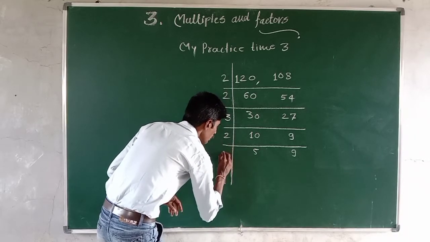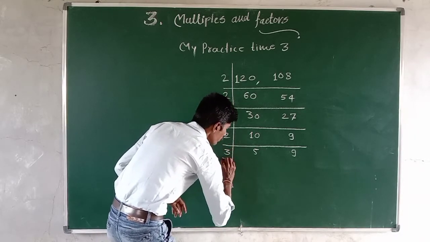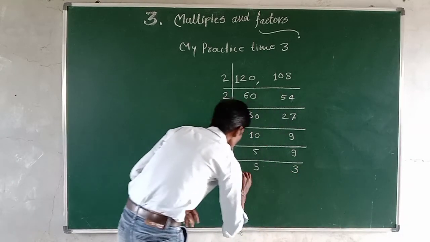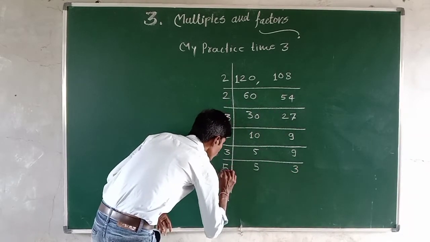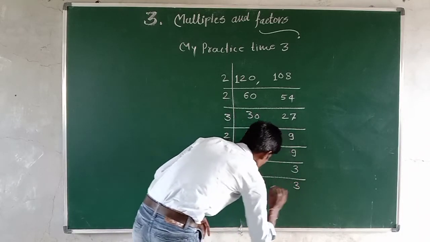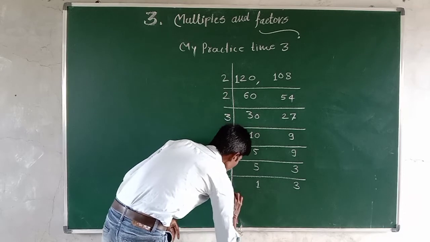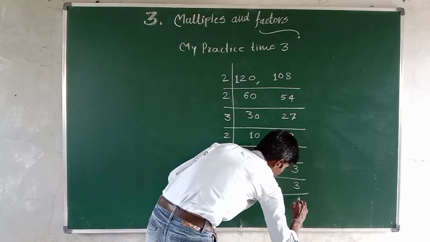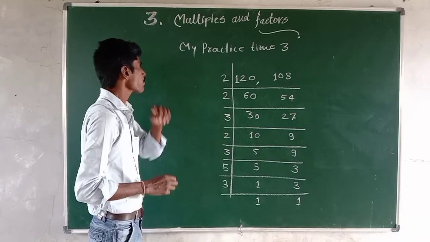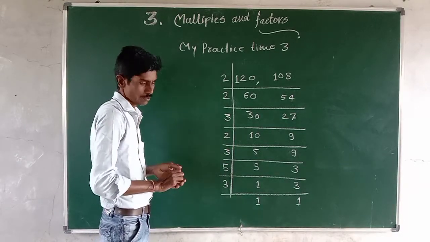So we can divide by this 3. So 5 will be as it is, this is our 9. Now 5 ones are 5, and 3 1s are 3. So this is the division method to find the multiples of any number.